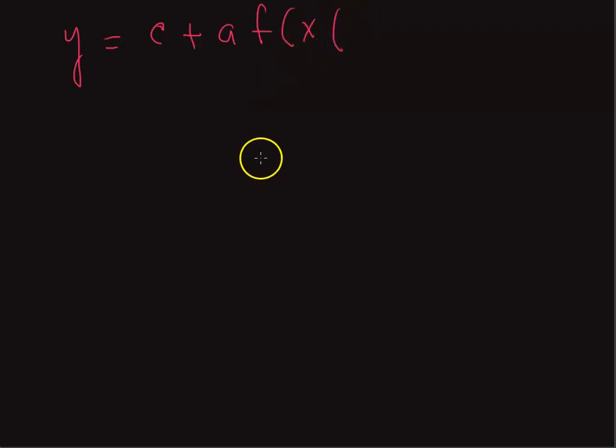I'm sorry, B is supposed to go there. Let me erase that for a second. Go back to my felt pen. This is B.